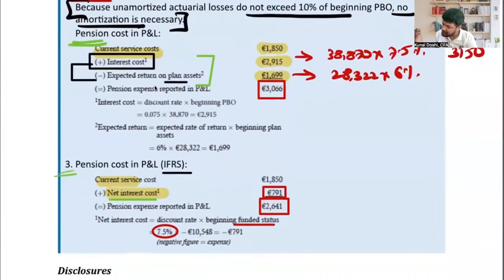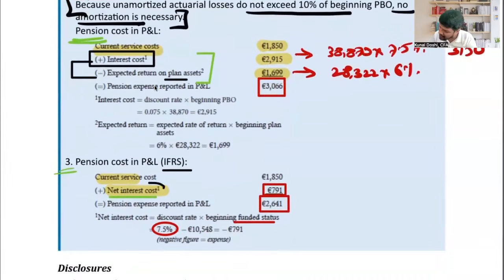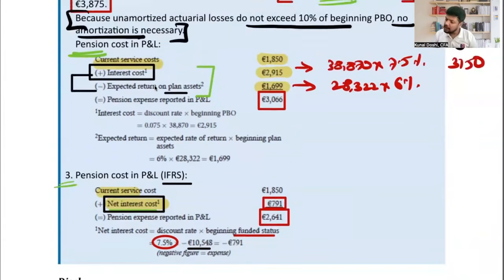IFRS says no. Why different rates? Remember, expected return is based on plan assets and interest cost is based on the projected benefit obligation. So in US GAAP, they are presented separately because they use different rates. In IFRS, they are netted.